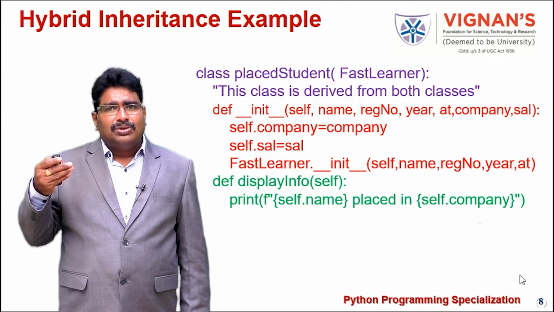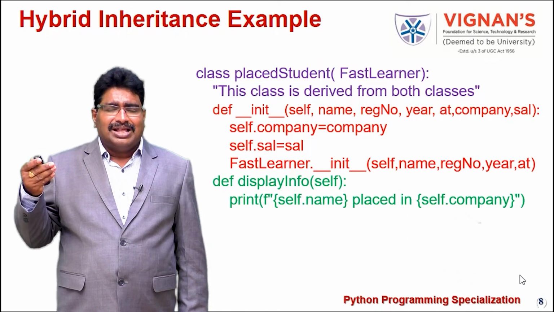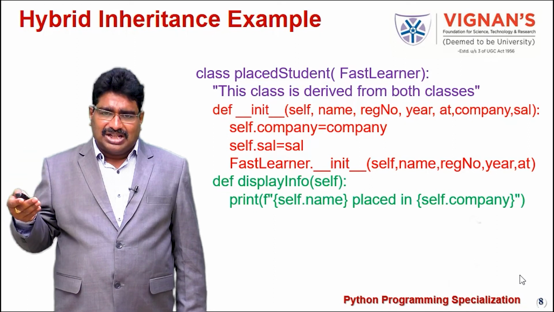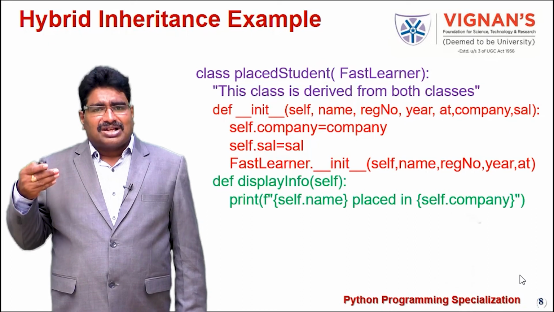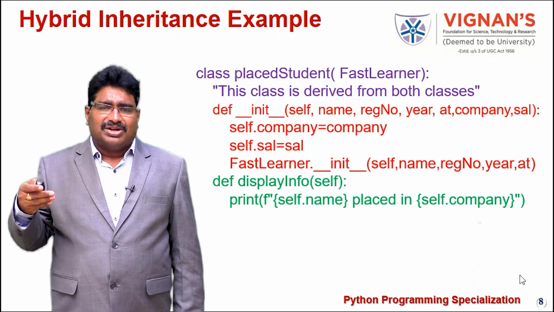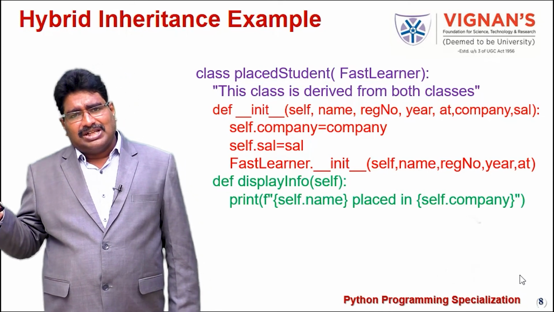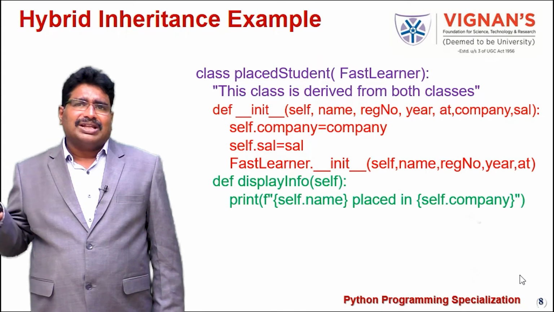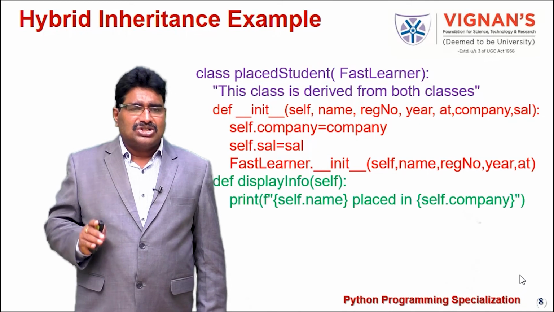Already we know that the name, register number, year and additional courses are attributes derived from the fast learner. To assign the initial values, we are using the constructor of the fast learner. For that reason, Fast learner.__init__, we are passing the parameters name, register number, year and additional courses. So automatically those values are assigned to the objects of the placed students.